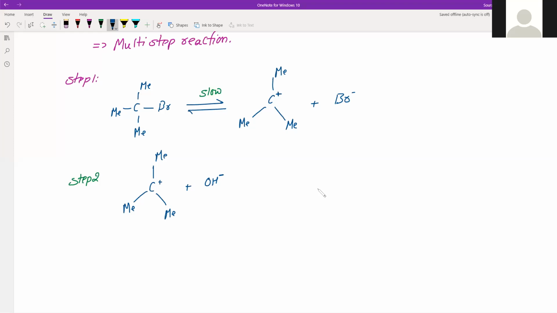It is OH negative, so this negative site attacks this positive site. This is a nucleophile, and the nucleophile is attacking your carbocation. That's why this is called a nucleophilic substitution reaction. Now this step is going to be fast, and ultimately we'll get the same thing as earlier. The only thing is the Br will be replaced with this OH.